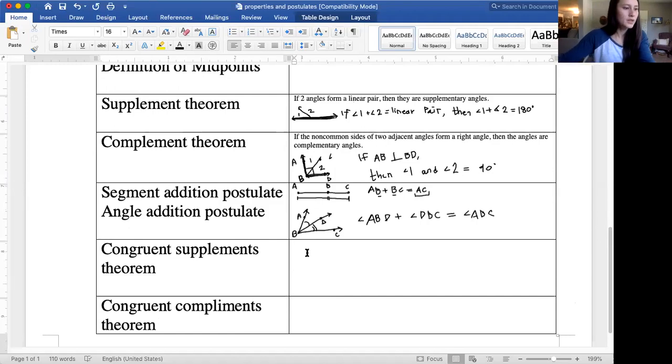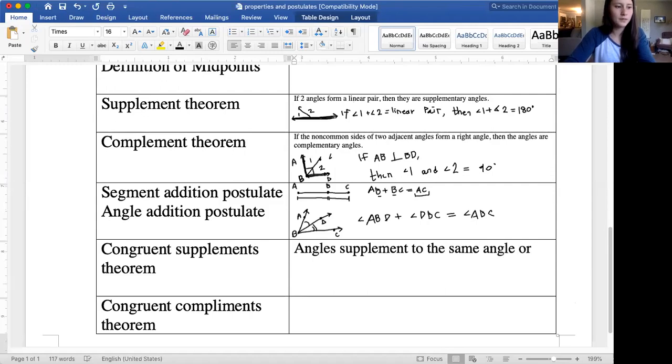So this is saying angles supplement to the same angle or congruent angles are congruent.